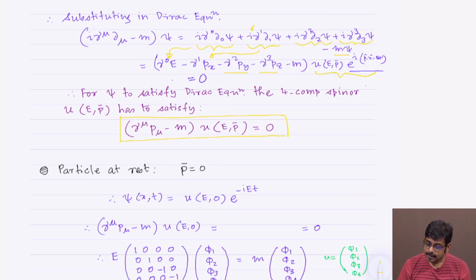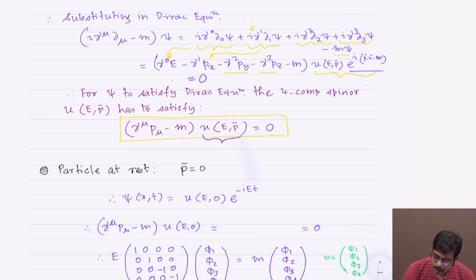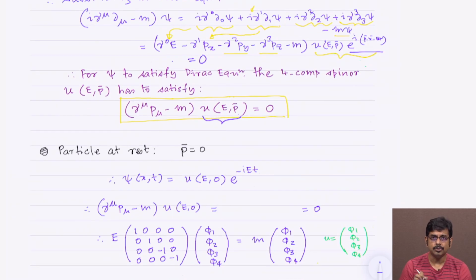So, therefore, you can simply say that if I have to understand more of how this spinorial part of the Dirac equation looks like, I basically now have to solve this equation, which is (gamma mu p mu minus m) u(E,p) is equal to 0. Let us try doing that, but today I am going to do it in a very simple manner, assuming that the particle is at rest. What does it mean?